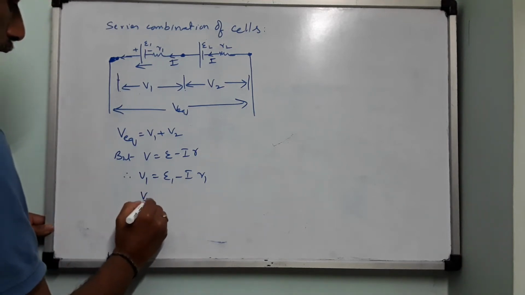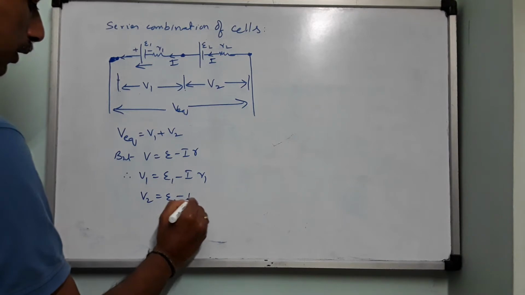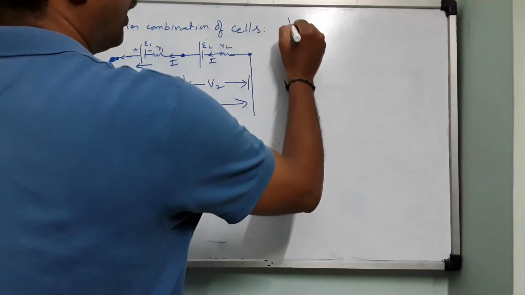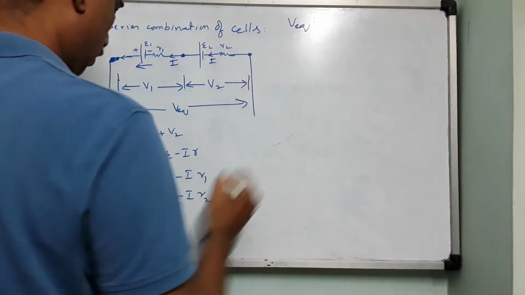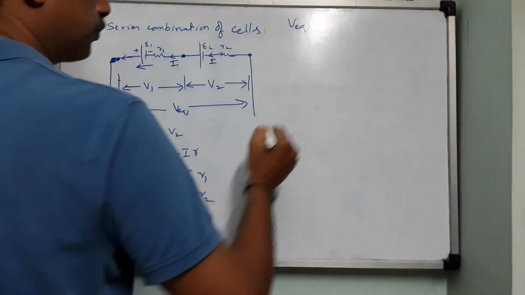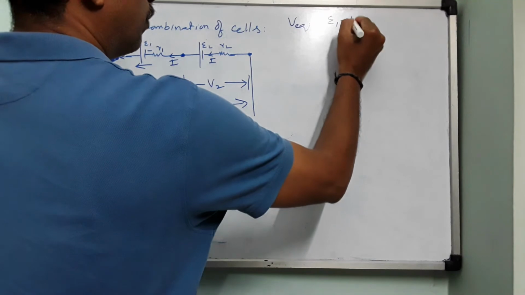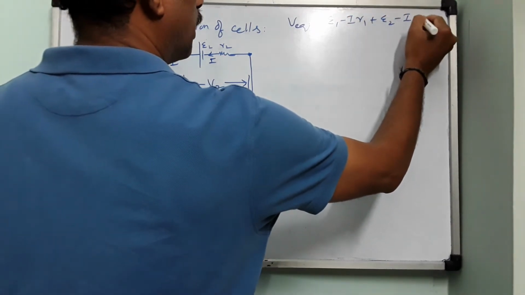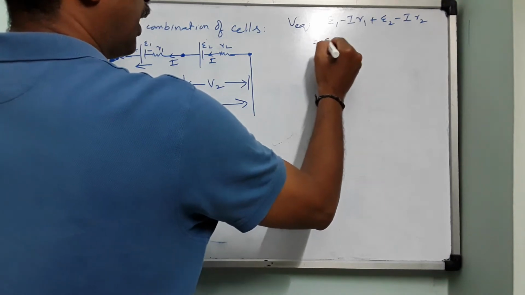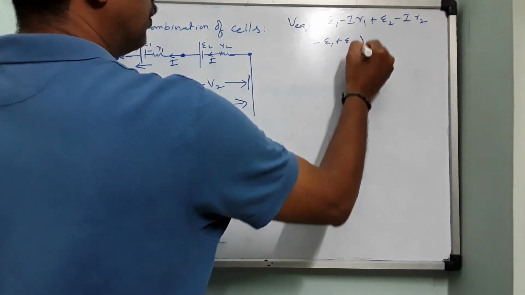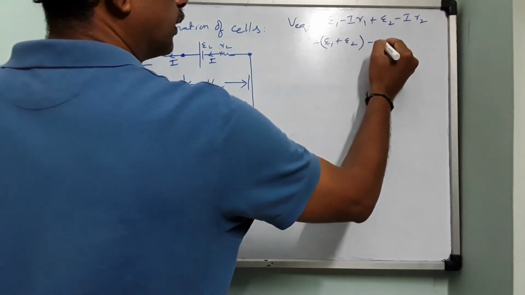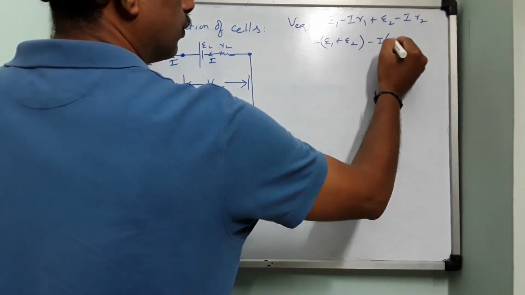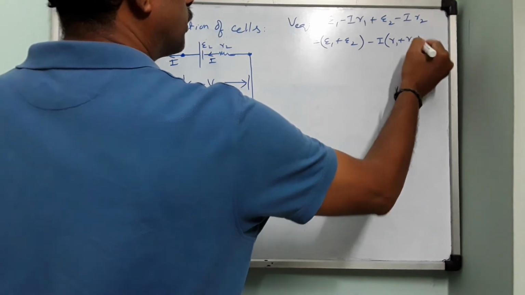Similarly, V2 equals E2 minus IR2. Then V equivalent equals V1 plus V2. So we substitute these values: E1 minus IR1 plus E2 minus IR2. This will be rearranged: E1 plus E2 together minus I, common in both of IR1 and IR2. So you will get I into R1 plus R2.